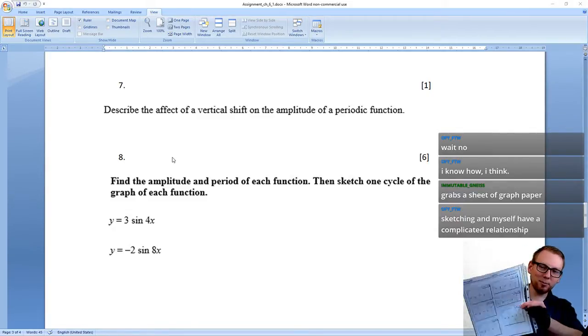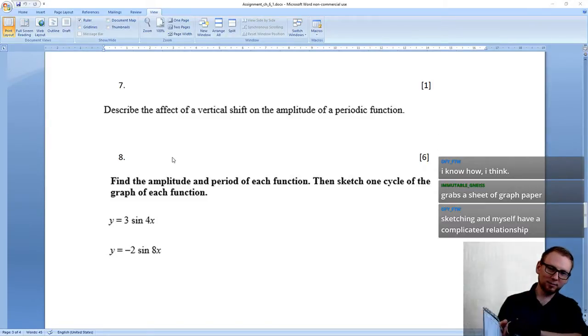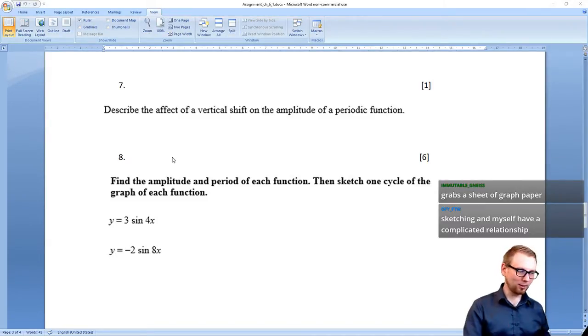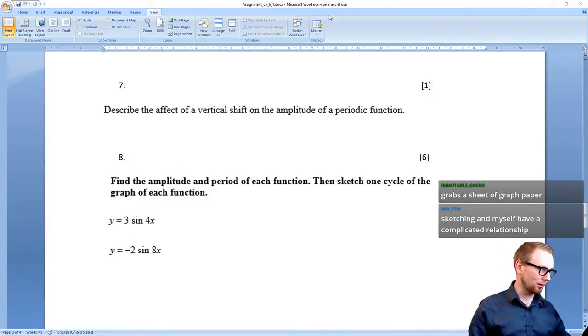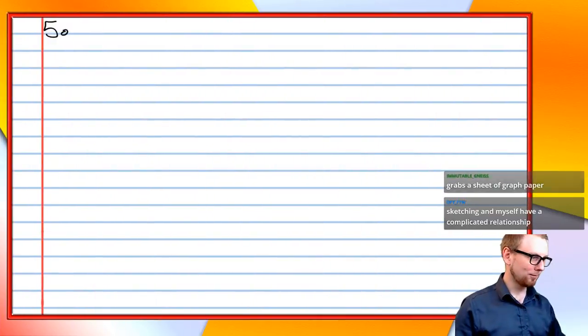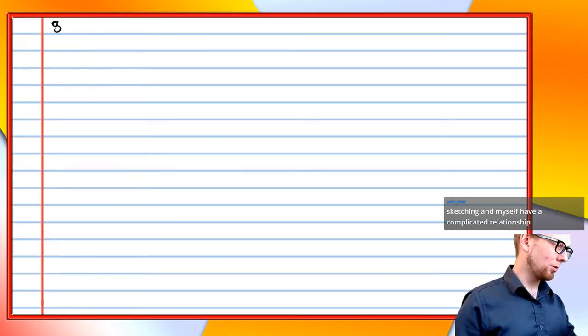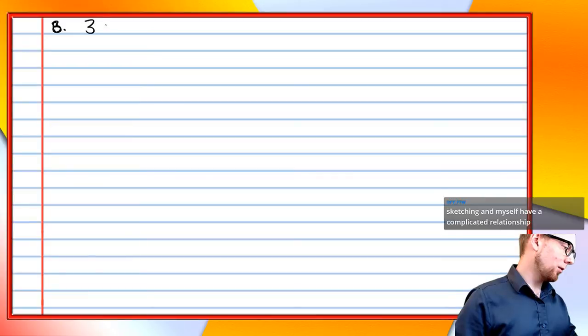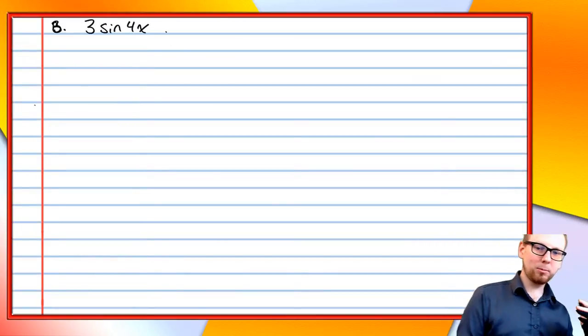Remember, take your base ones, the printout that I gave you, and then just manipulate it based on what you know. We'll do 3 sine 4x again or something. What was the amplitude?